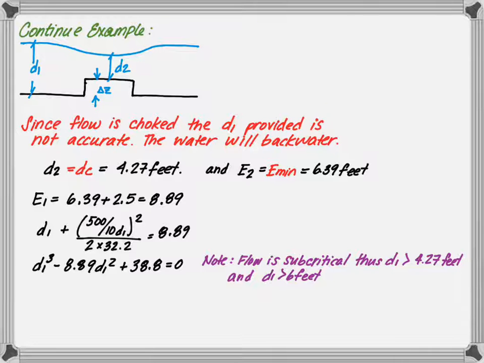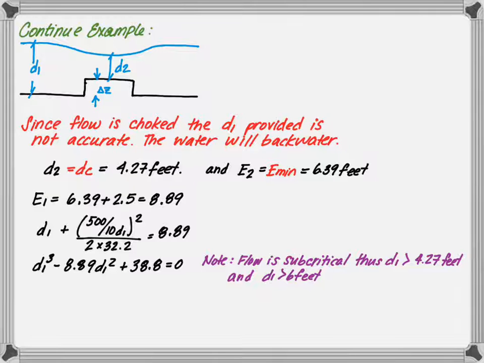We set the energy at point 1 equal to the depth plus the velocity head. We rearrange the equation and we determine that we have D1 cubed minus 8.89 D1 squared plus 38.8. Note that our channel is subcritical and D1 must be greater than 4.27 and D1 must be greater than 6 feet.